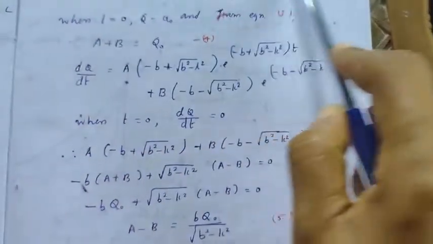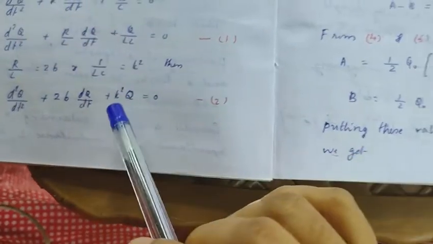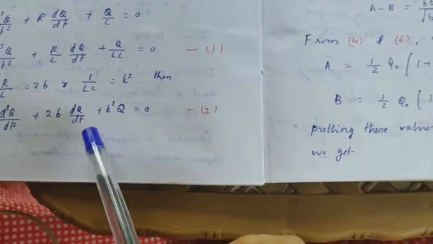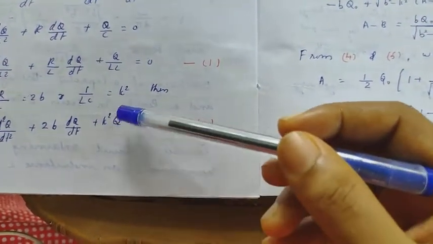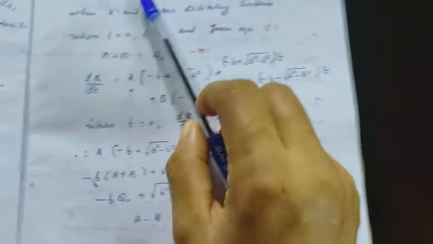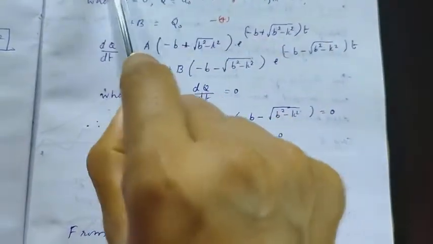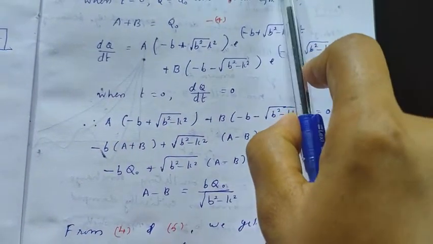You know how this comes. Because the possible solution of this equation will be of the form e raised to alpha t, and if we differentiate with respect to t twice, we will get a quadratic equation, and by solving that quadratic equation we will get alpha like this, so that the general solution will be in this form.